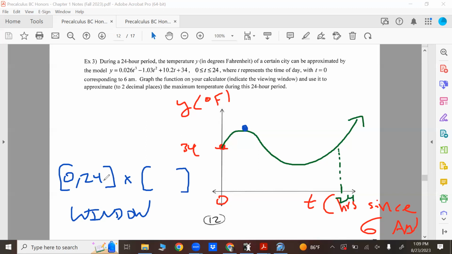But maybe you could go down to 0 degrees. You know, some places do get that cold. The high point, would it make sense to go up to 200 degrees? No, maybe 100 or maybe 80. I don't know. Maybe it's winter time. That's a sample window you can use.